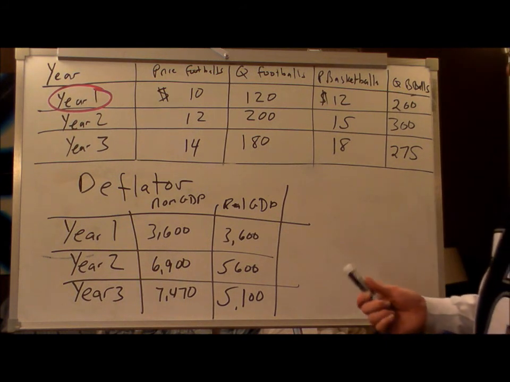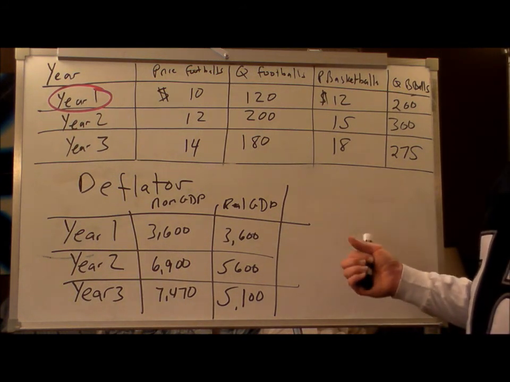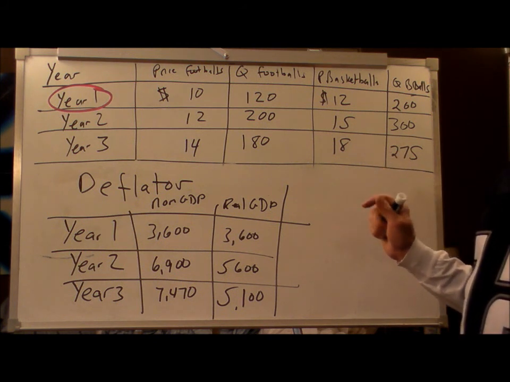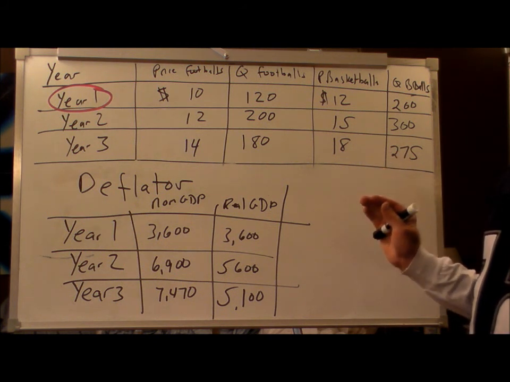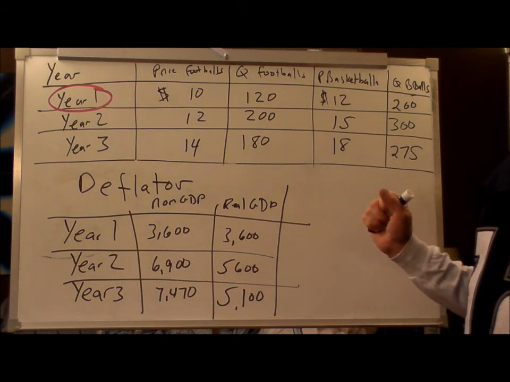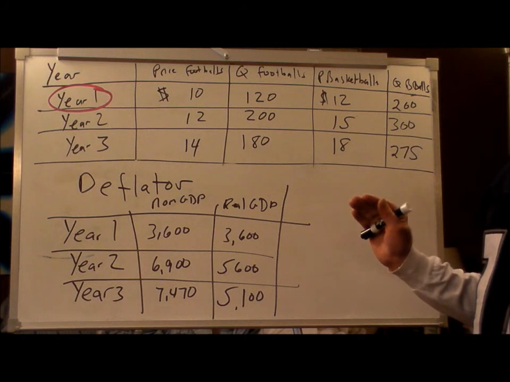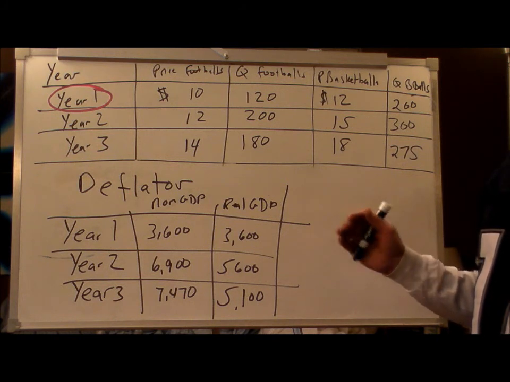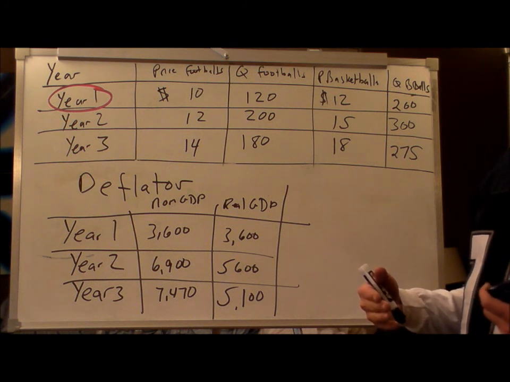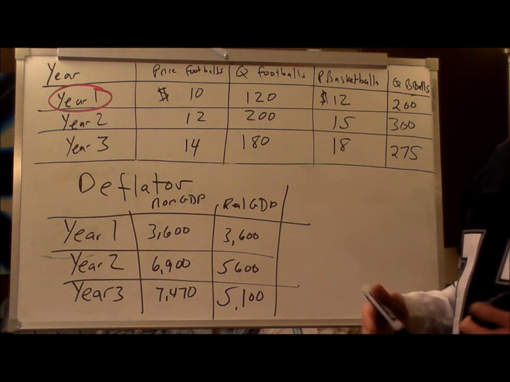But the important thing is that the best measure of the overall size of the economy and the amount of production is real GDP. And the difference between real and nominal GDP is the fact that we're using the deflator to remove the inflation from nominal GDP in order to end up with real GDP.